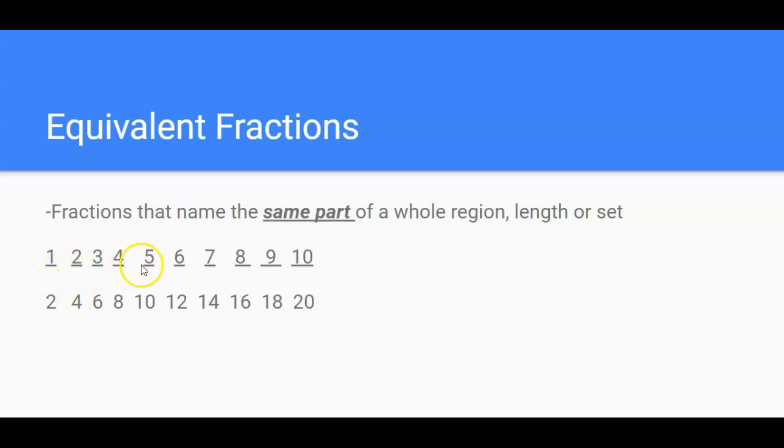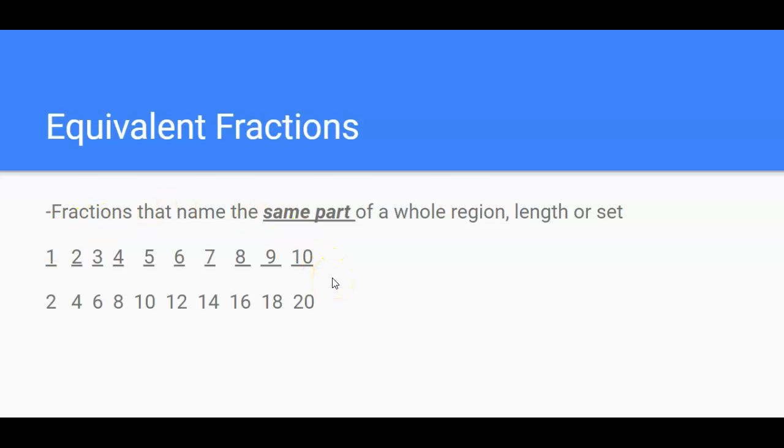I went by ones on my numerators and I went by twos on my denominators. 1/2, 2/4, 3/6, 4/8, and so on. All of these fractions are equivalent fractions. They all name 1/2, because 2 is half of 4, 3 is half of 6, 4 is half of 8, and so on. So all of these are equal.